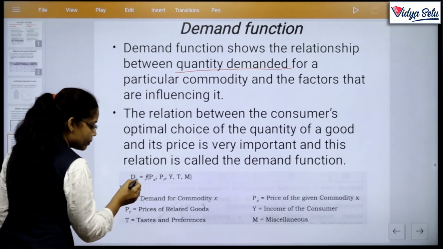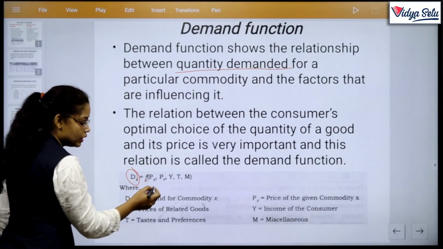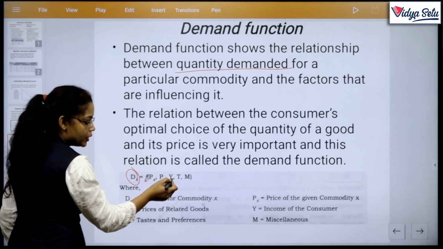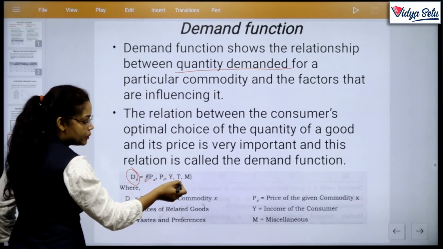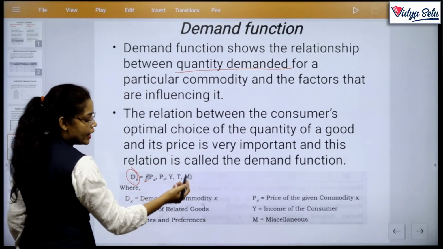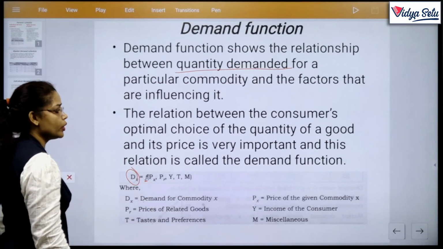Say here we write the demand function, D equals F, that represents the function, Px price of X commodity, price of related goods, Y represents income, T represents taste and preferences, M is miscellaneous: weather, population, structure of population, whatever.